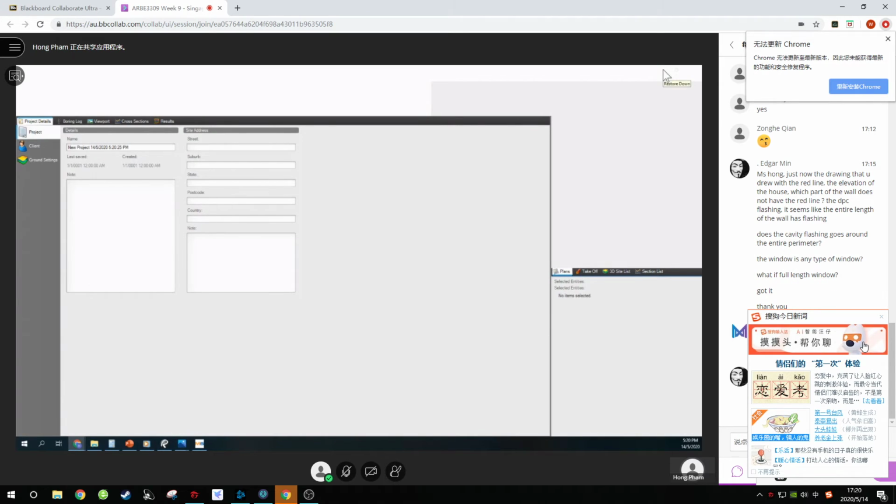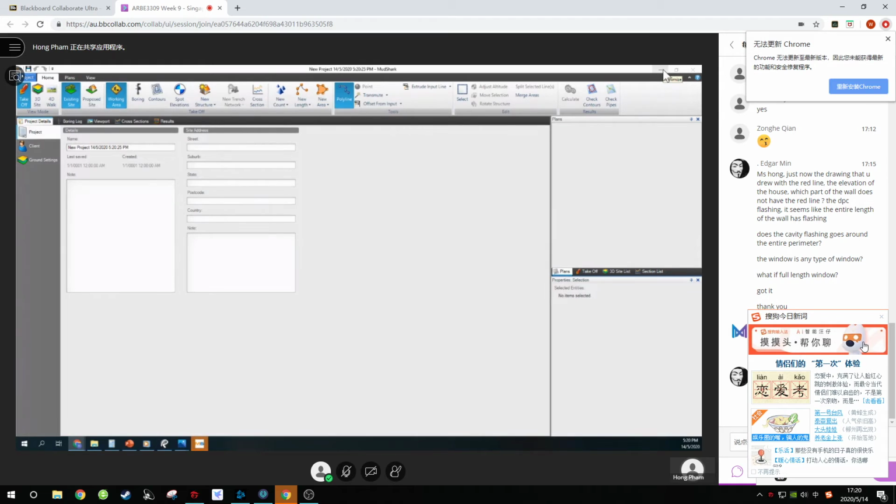Any more questions? Photo and the house. Scaffolding you will count from the ground floor.